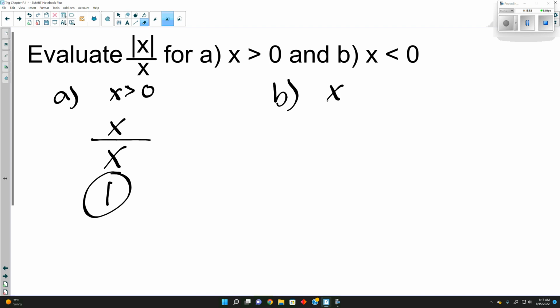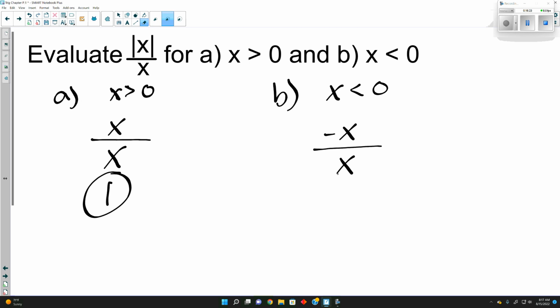Now the other condition is x is less than 0. Now by definition, the absolute value of x, if x is less than 0, I'm talking about negatives, is going to be the opposite sign of x, or negative x. It's going to be in that sign there. But the bottom one is still just x. As we add the negative, since whatever comes out of an absolute value has to stay positive.